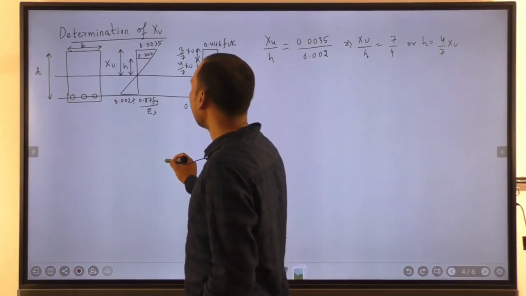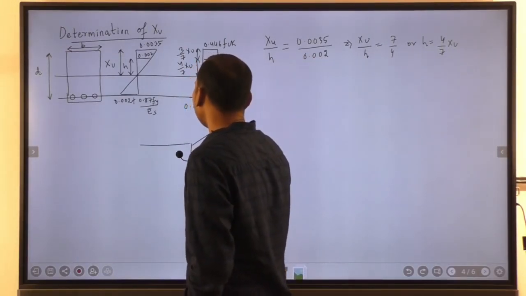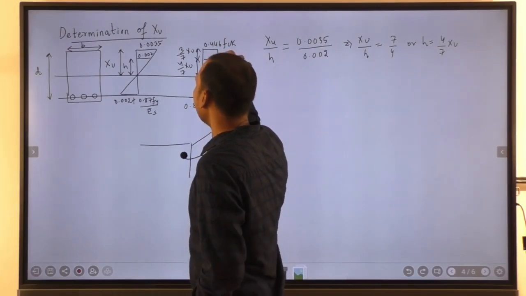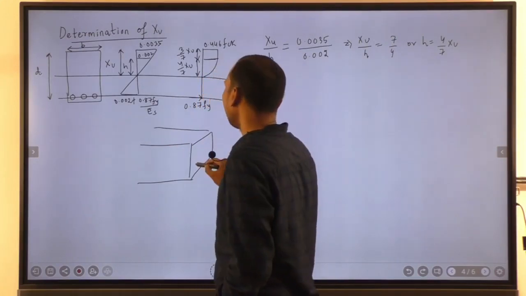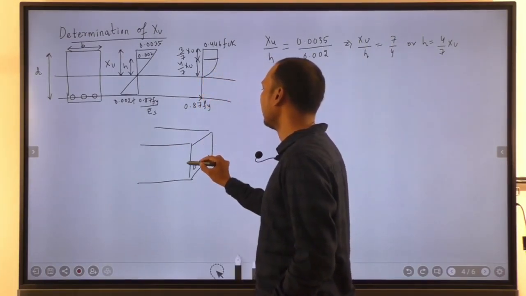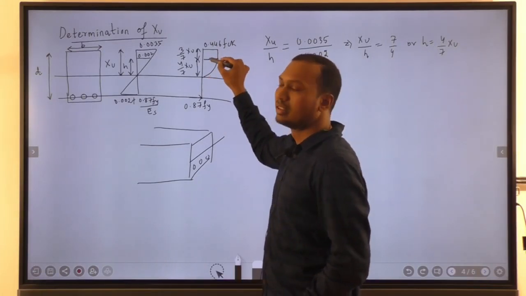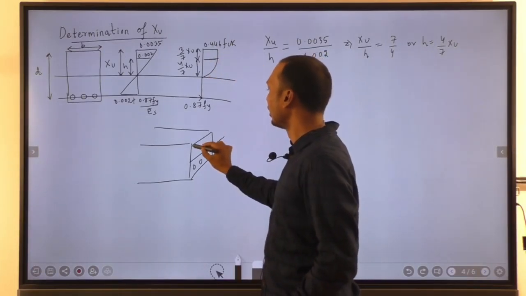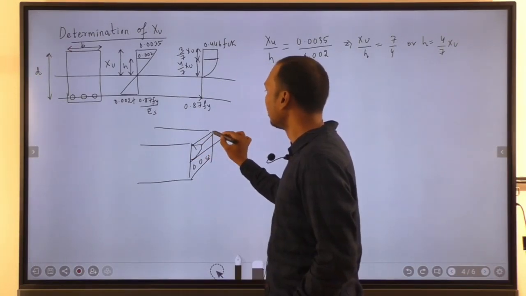Now to determine the compressive force, we have to multiply the area of the stress block by the width of the beam, because if we see the isometric view, this entire stress block is distributed like this through the entire width of the beam.